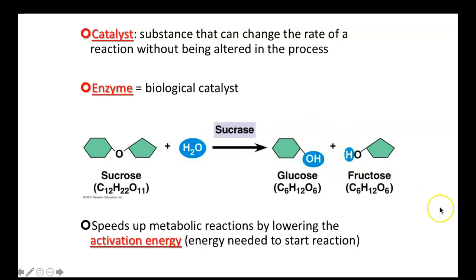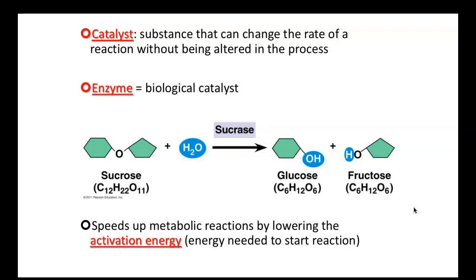An enzyme is going to speed up a metabolic reaction by lowering this thing called activation energy. And activation energy is the energy needed to start a reaction. So you can think of activation energy. Here's my analogy. If my child is sitting on the top of a slide, the natural tendency of the universe and gravity is for her to go down the slide, right? But she's just sitting on top of the slide, not going down.